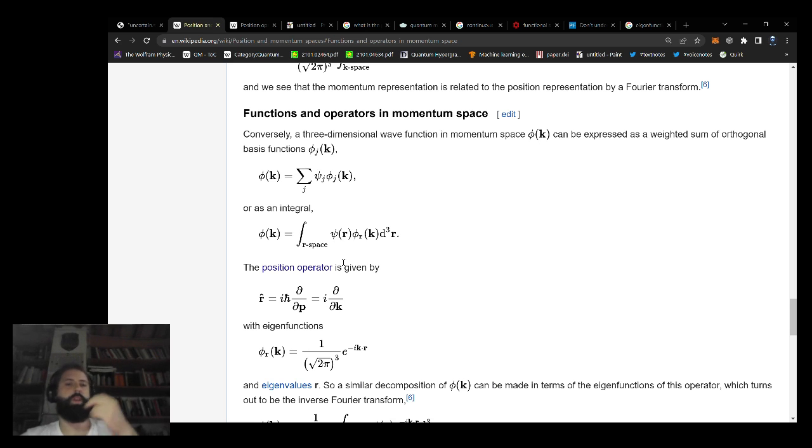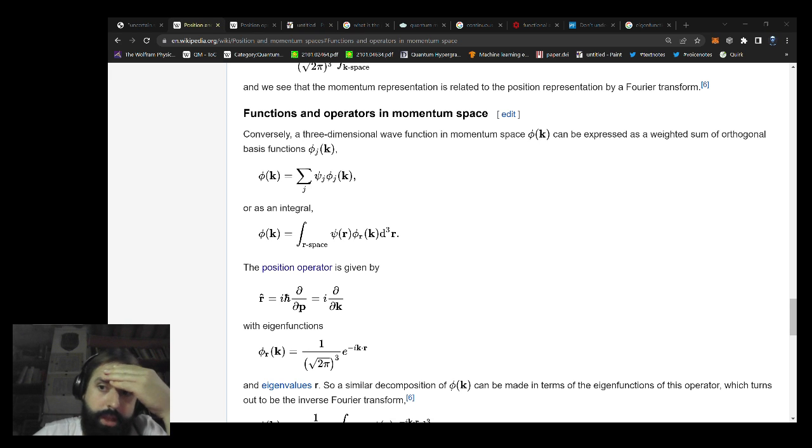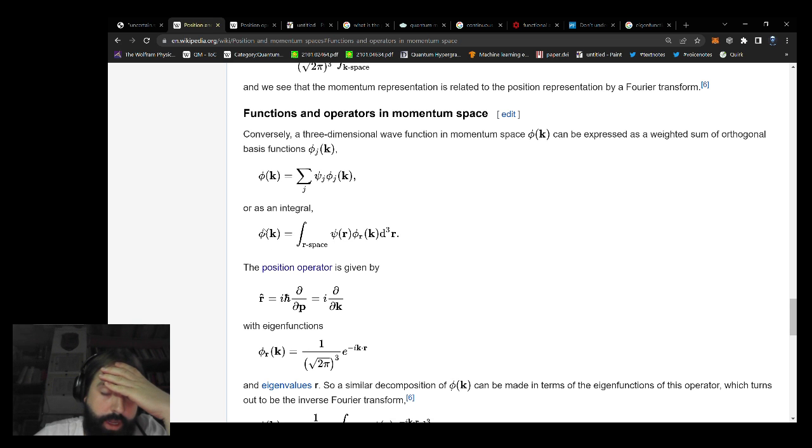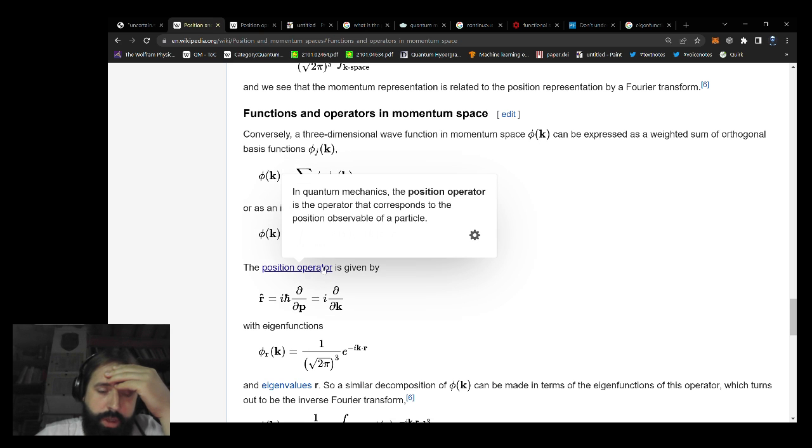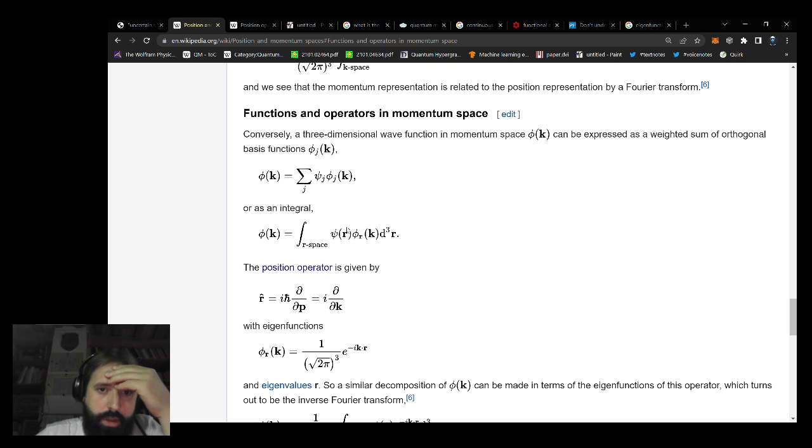Or not. So we're defining here the momentum operator, and we're defining it as the integral. What the position operator is doing is evolving, okay. So you're saying take the eigenfunctions, but these are the eigenfunctions of the position operator.